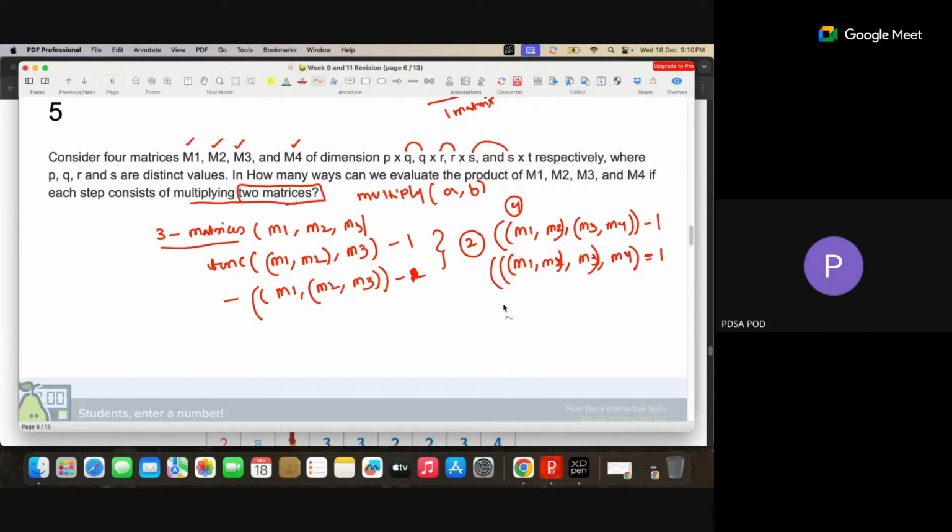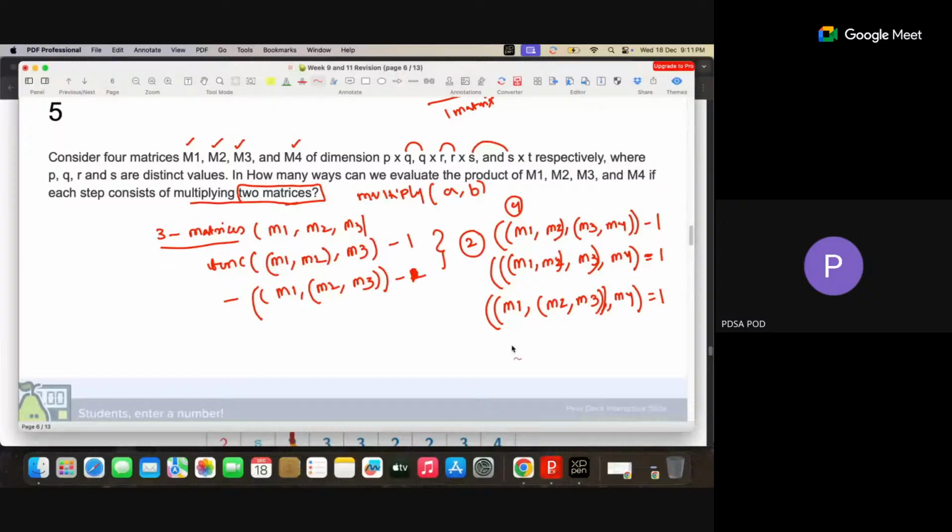The next way: first we multiply M2 and M3, and whatever result we got, we multiply with M1. Then whatever result we got from M1, M2 and M3, we multiply with M4. This is another way. So hopefully I'm expecting two more.